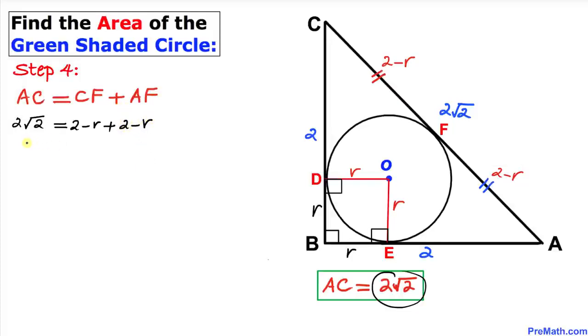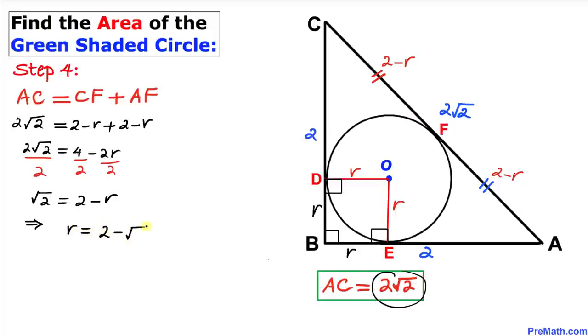So let's simplify. That's going to give us 2 times square root of 2 equals 4 minus 2r. Let's divide across the board by 2 to make things simple. So that is going to give us square root of 2 equals 2 minus r. That means the r value is going to be simply 2 minus square root of 2.